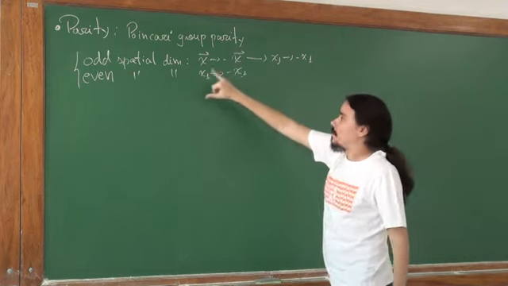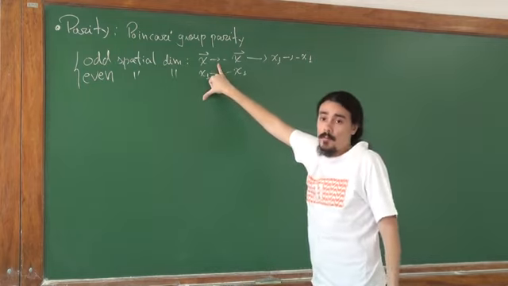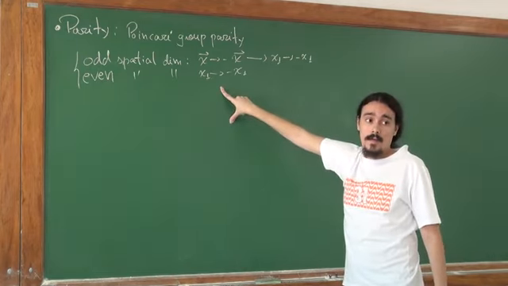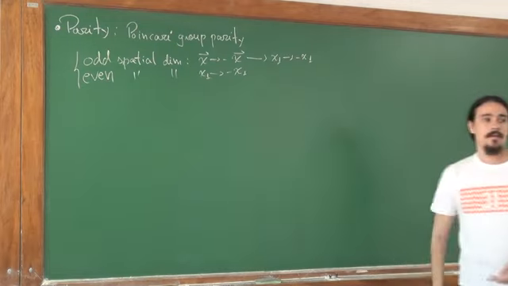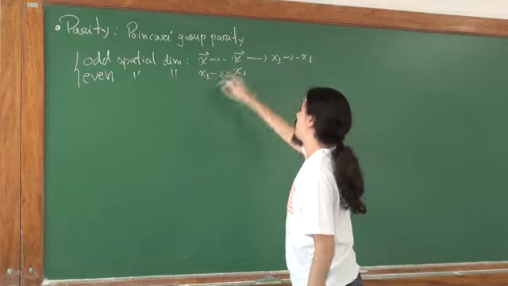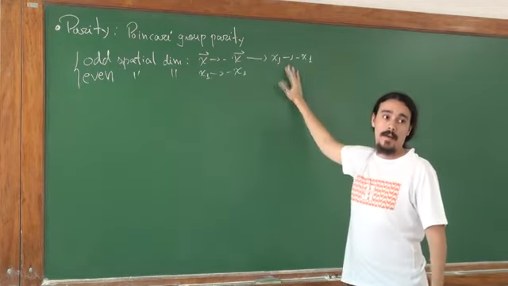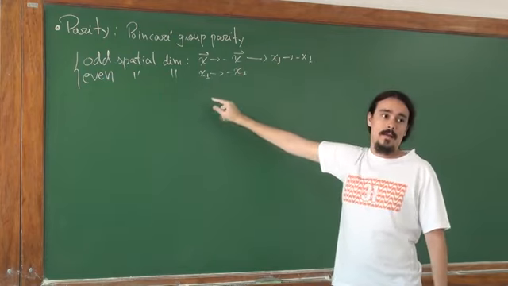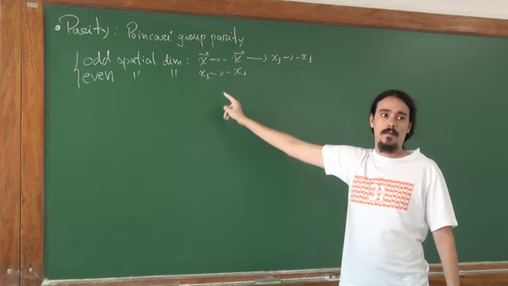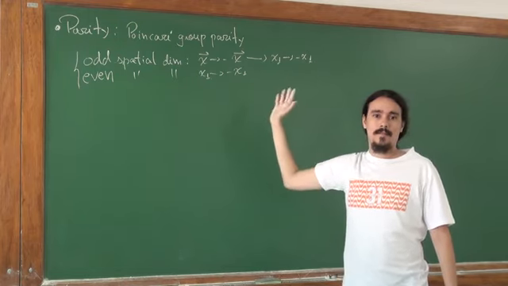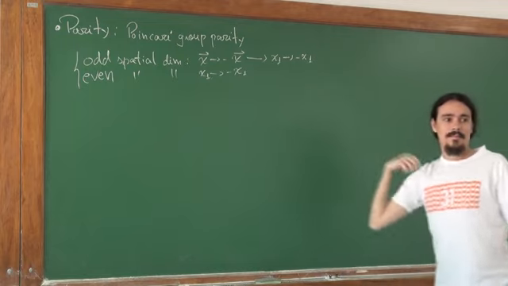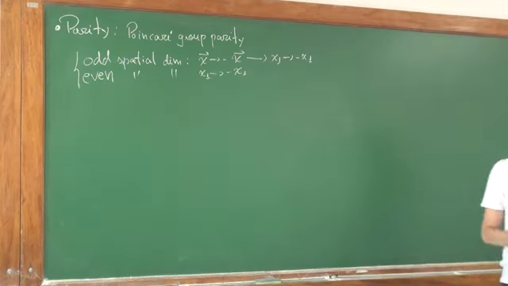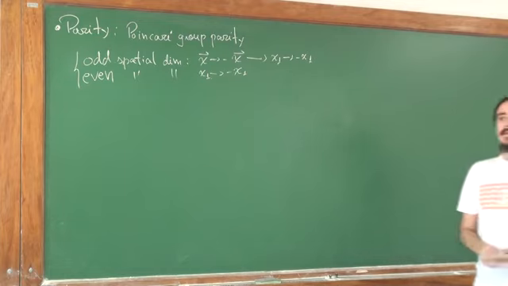So whether I have odd spatial dimensions and invert all spatial dimensions, or invert just one, just like in the even dimensional space case, it is the same. To relate these two transformations, we just invert one coordinate, and then by a rotation we can bring the other coordinates to be negative, by the same argument that I gave you for the even dimensional space. Was it too fast? Is it clear? So if you invert one coordinate in odd dimension, you can rotate and get all coordinates inverted?